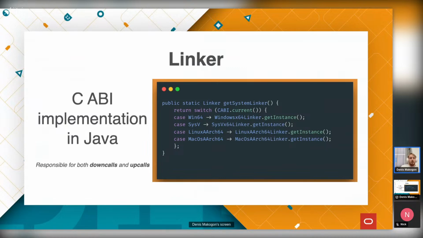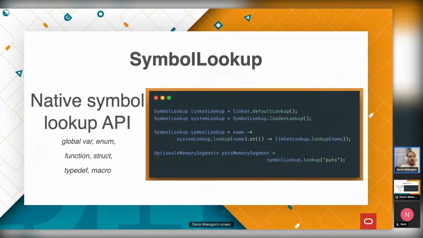That's what the upcall is. The current implementation of the linker supports different platforms, including Windows, Linux, and macOS, including the latest ARM chips, the ARM 64 architecture, etc. So if you have the latest Apple M1 laptop, it will work there as well, and on any ARM server that you could probably run in the cloud.